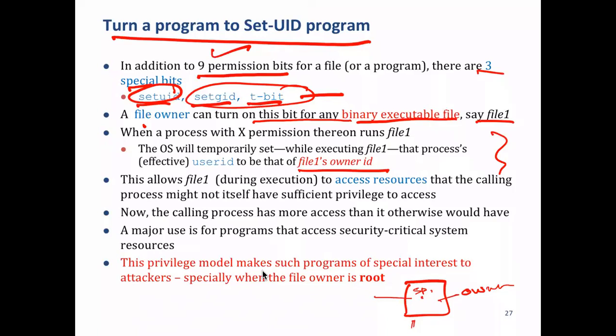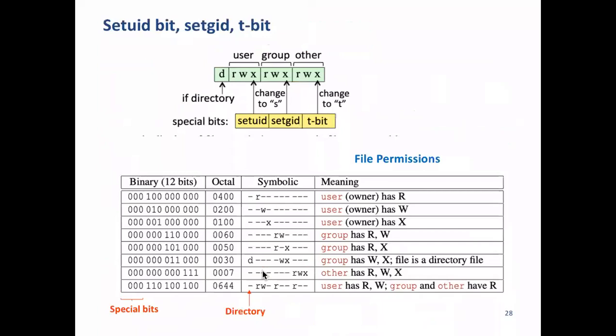Here in our case we have taken the owner as root, then those permissions are checked when this program reads a special file, say the password file or whatever. All right, so this is the way it is.